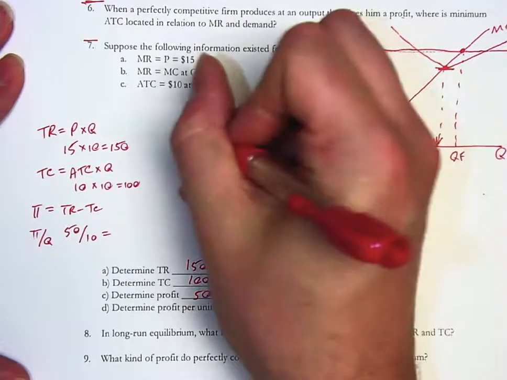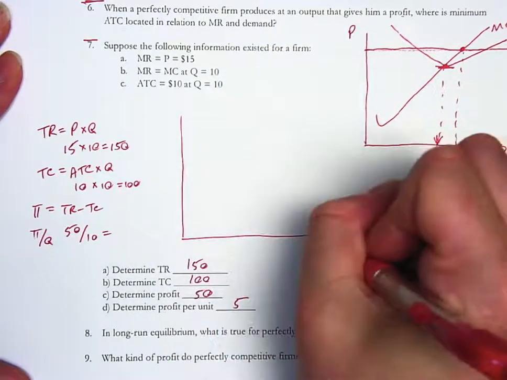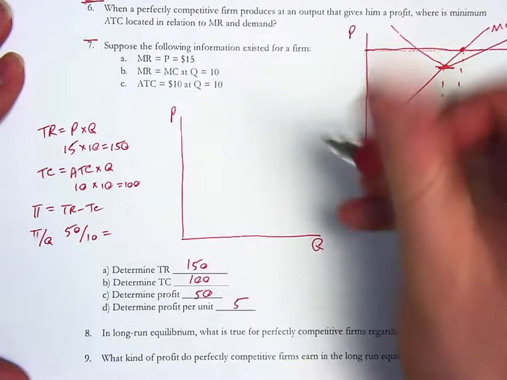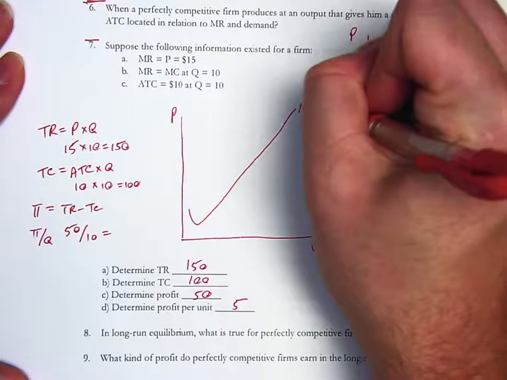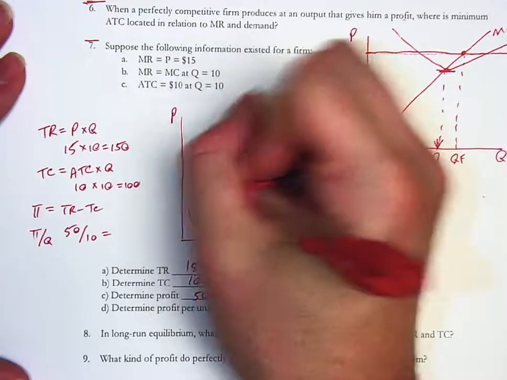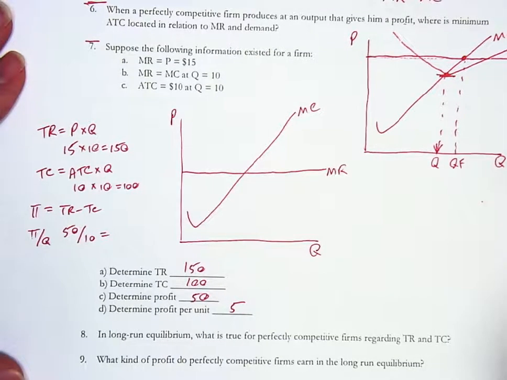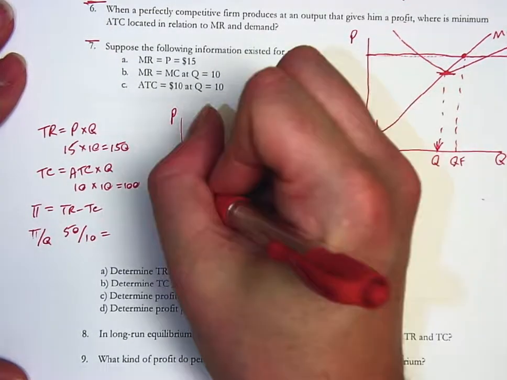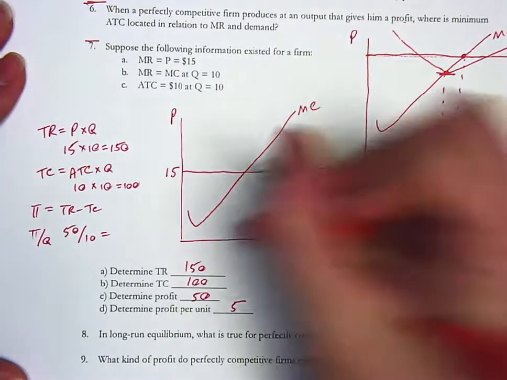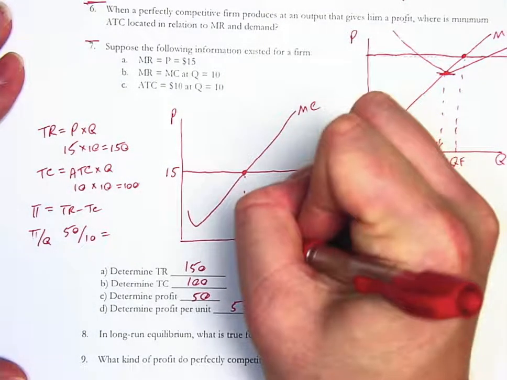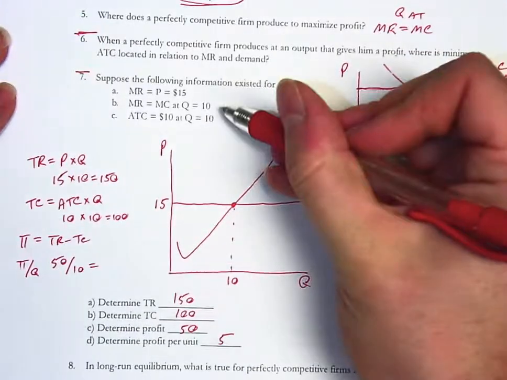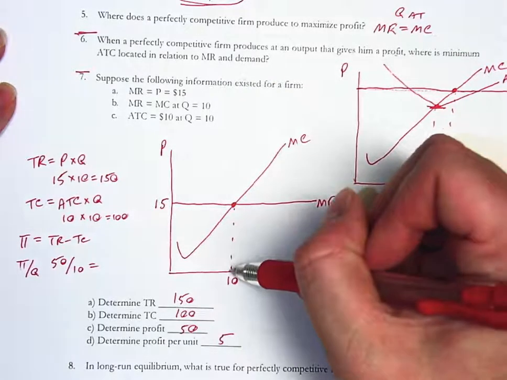Now we can do this graphically as well, right? We can take a look here, and we have an upward sloping marginal cost, and we have marginal revenue at 15, and we know that the intercept is at 10, because marginal revenue equals marginal cost at quantity 10.